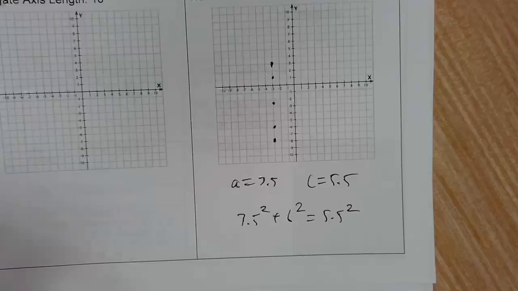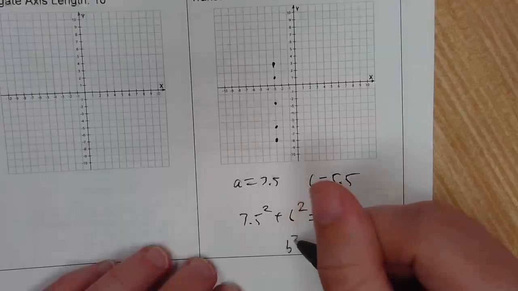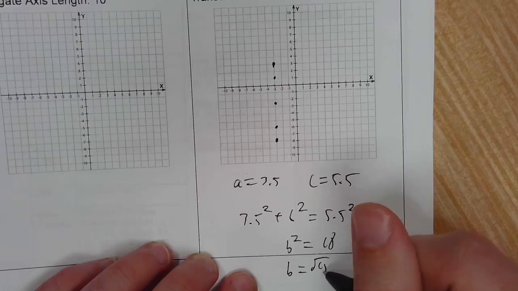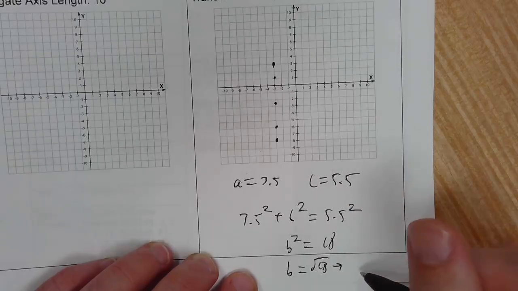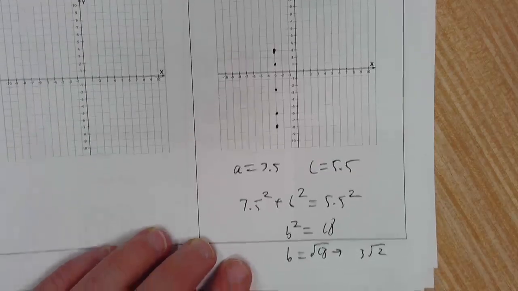We'd solve that for b squared. 5.5 squared minus 3.5 squared is 18. So b squared equals 18. That means b equals root 18, which is 3 root 2, right, because it's 9 times 2, and root 9 is 3.